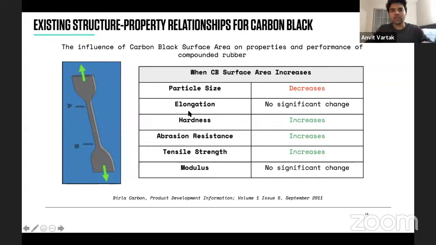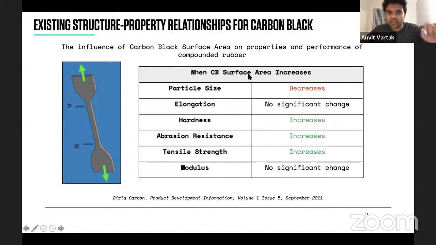You don't have to really get into this, but this is a chart that shows how properties of that reinforced rubber depend on the structure of your material. An example is the surface area that I talked about. The surface area of your total material increases with how many small particles you have.